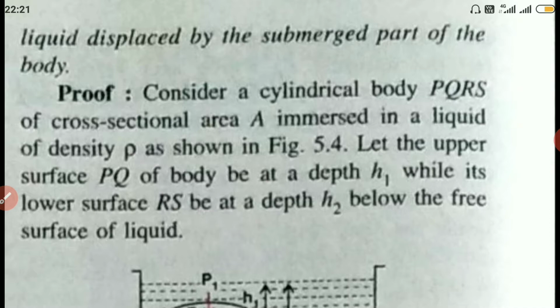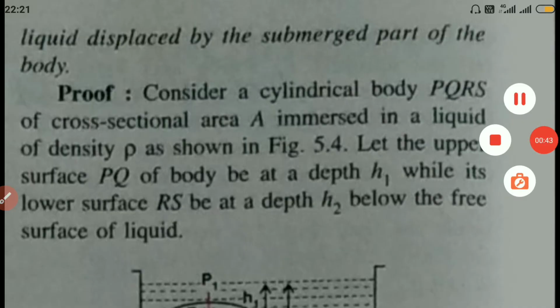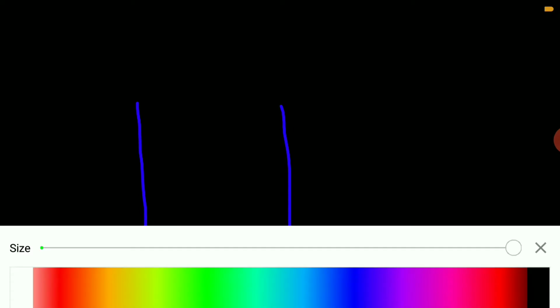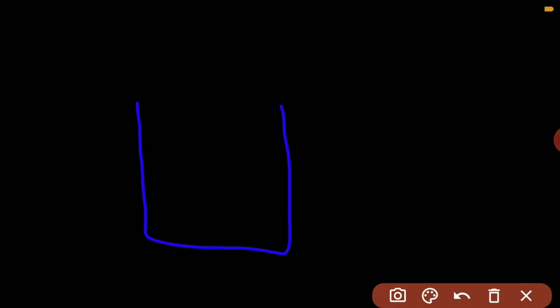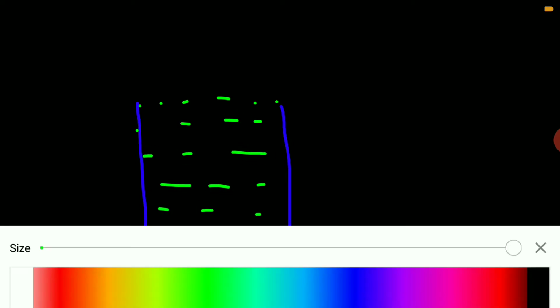So to understand this, we have come to the blank page. Suppose we have a container, right? Suppose we fill this container with a liquid till its brim, right? And we try to insert one object inside it.